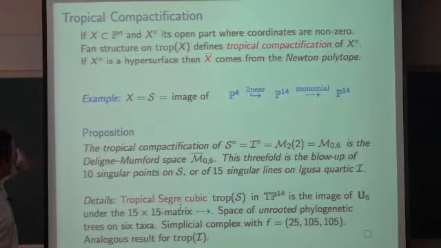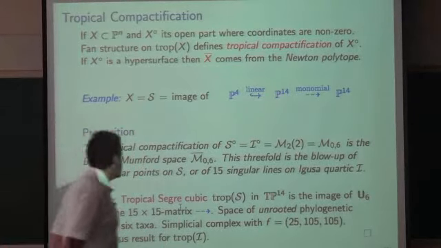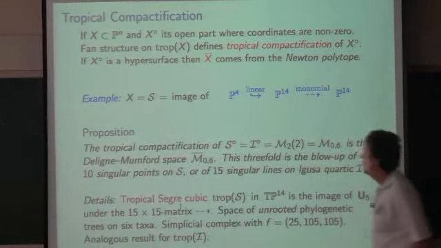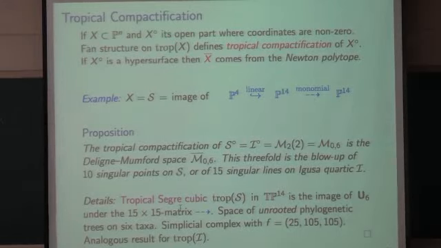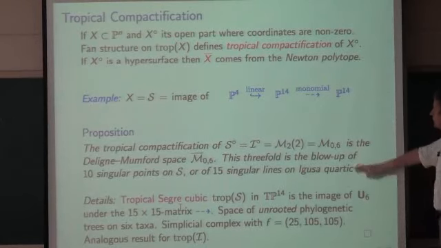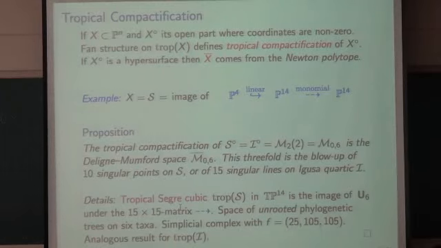Great. So we have a compactification. What is it? Well, unsurprisingly, it's one that's well known. So the tropical compactification is the same as the Deligne-Mumford space M06 bar, and it can be obtained either from the Segre cubic or from the Igusa quartic by an appropriate blow-up. So S and I are singular in the boundary, and there's a well-known situation where we blow this up.